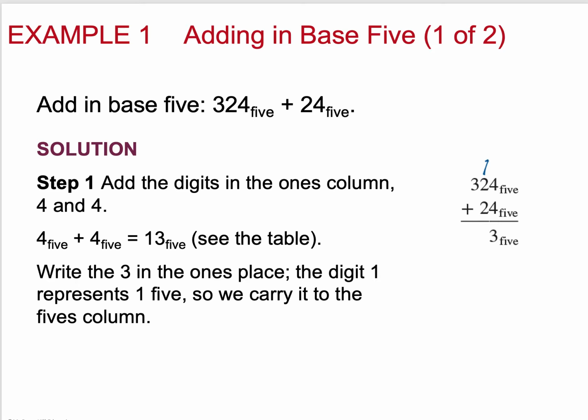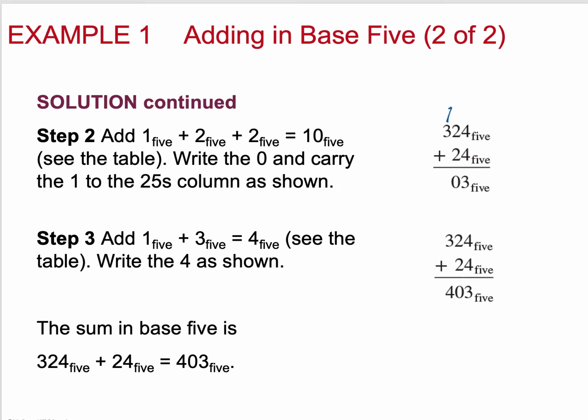Then I have 2 plus 2 is 4, plus 1 is 5. And so when I do that, that's 5. 5 is 0, carry the 1 because it's a whole 5. 3 plus 1 is 4, so that's how we get 403 in base 5.